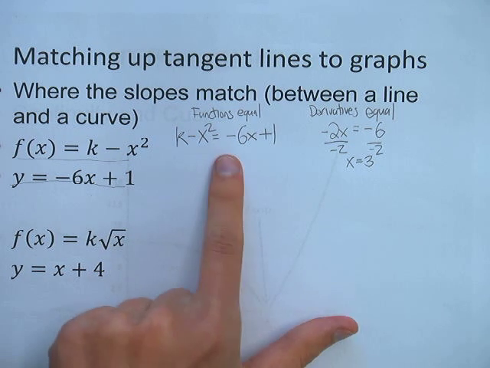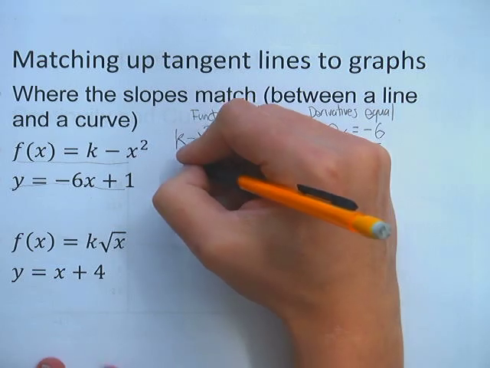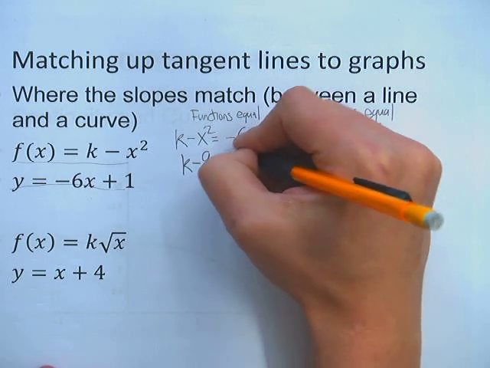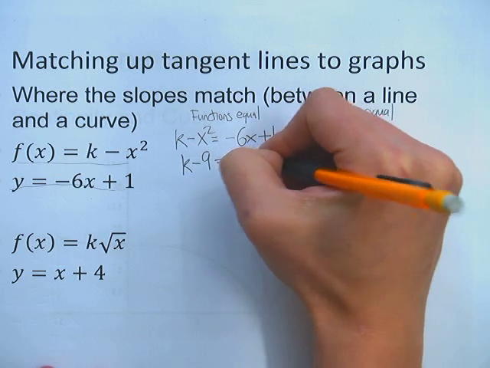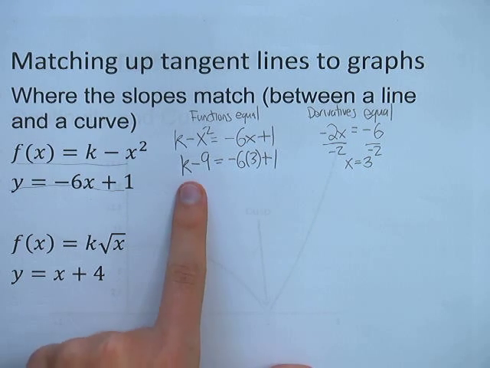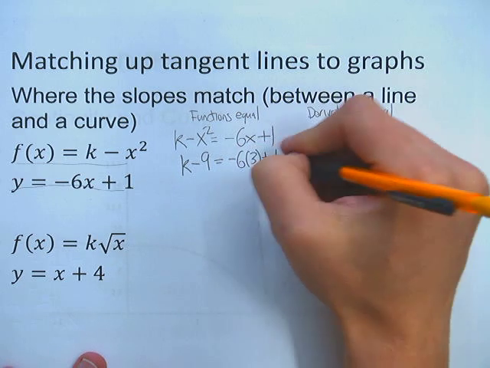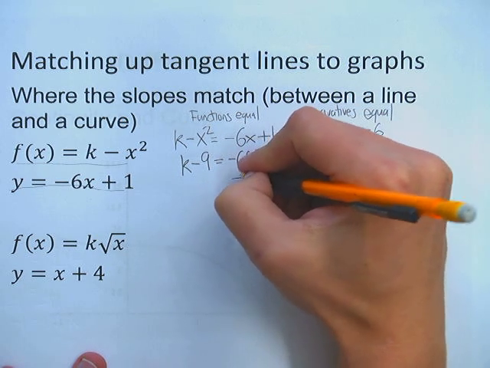Now we can plug that back into our function equation and get k minus 9 equals negative 6 times 3 plus 1. We want to solve for k to figure out like which one of these parabolas actually meets our negative 6x plus 1 line. This is negative 18 plus 1, that's negative 17.